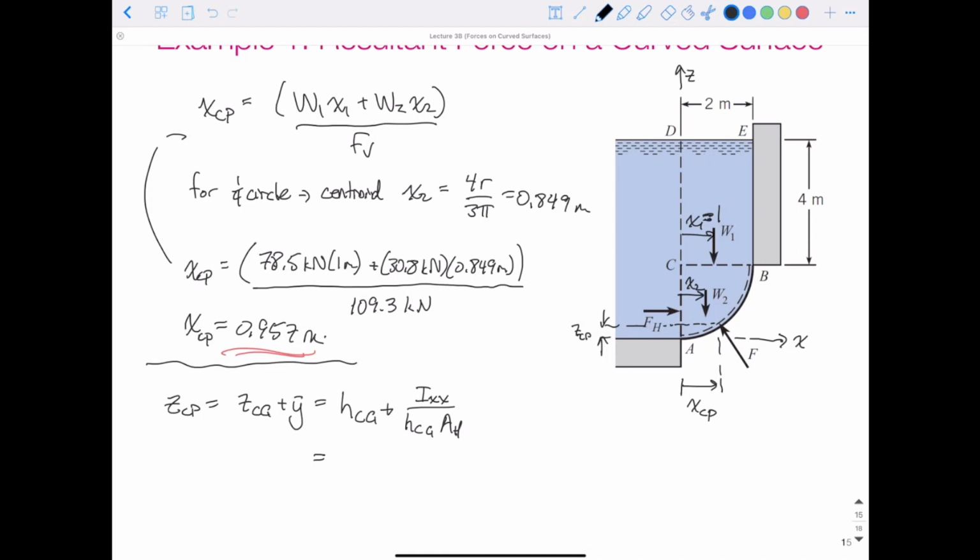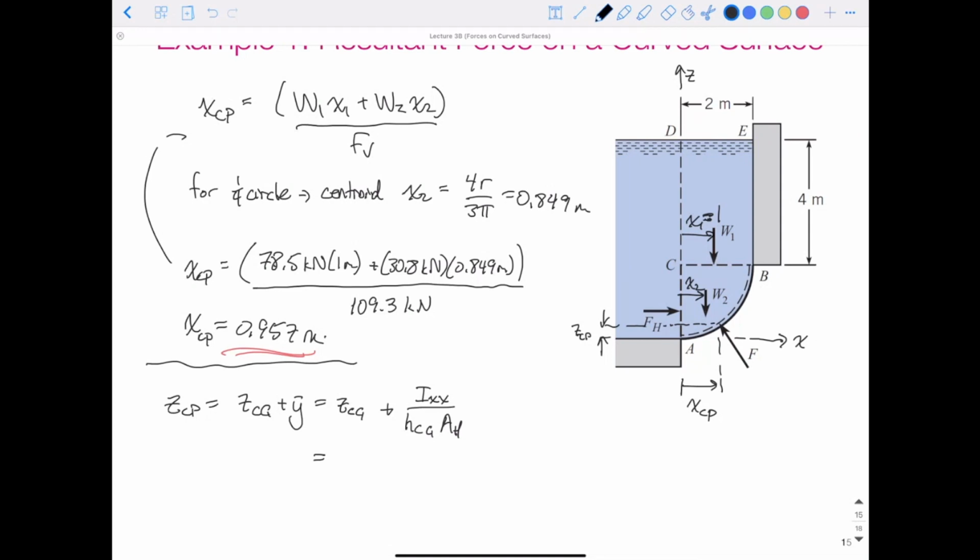In this case, if we want to do it this way, it doesn't matter where we choose our reference. We could choose from the bottom or from the top. So let's keep it consistent. Instead of using H here, I'll use Z center of gravity still, with reference to the bottom.